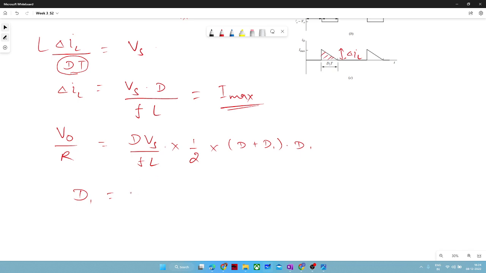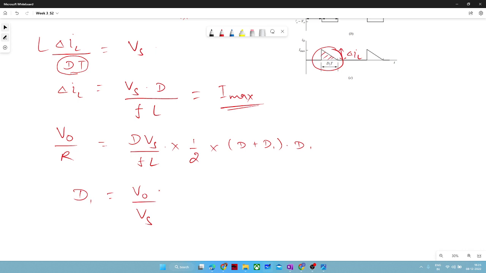So I will just write the final value. You can derive it from here so that we can focus more on problem side. So it will be more clear. This is just again the same steps we are following. We are just equating your ID average equal to I naught, and you will get the value of D1 in terms of D, but this time with respect to V naught by Vs. Why in terms of V naught by Vs?